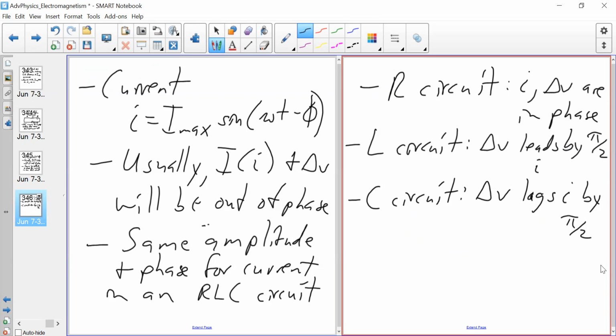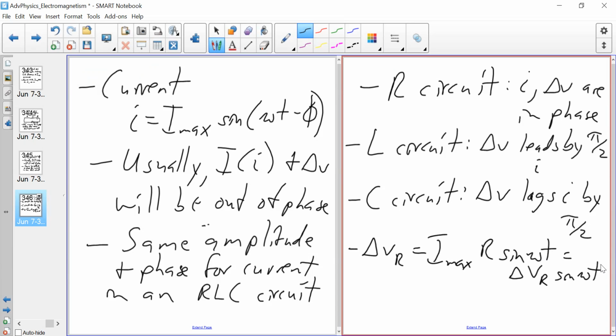And that looks like, again, the voltage in a resistor circuit, maximum amplitude current times R sine omega t, which is delta VR sine omega t.